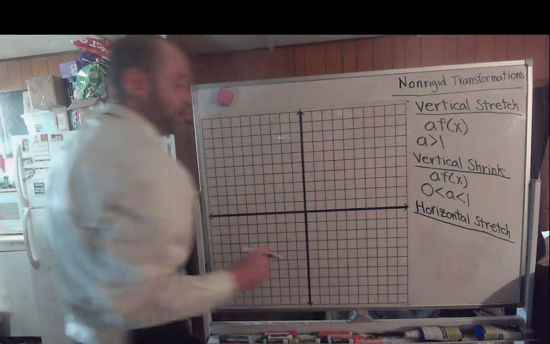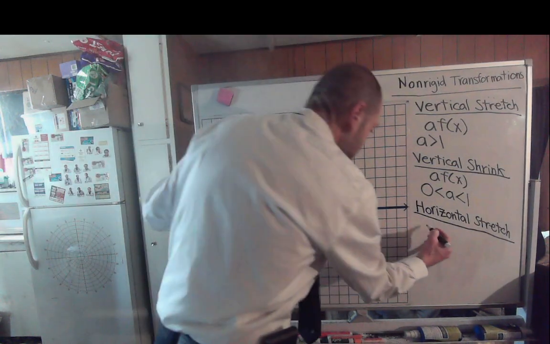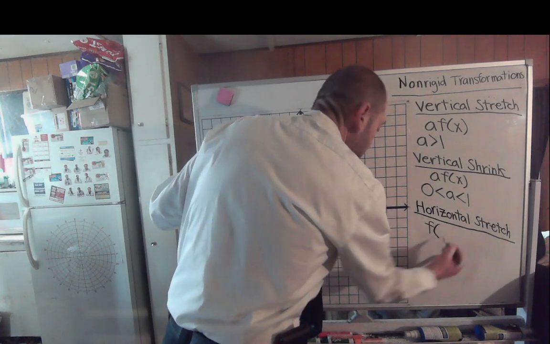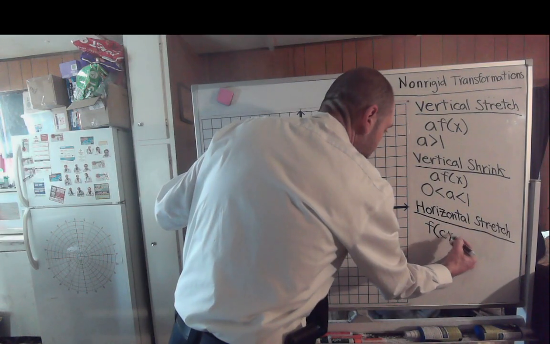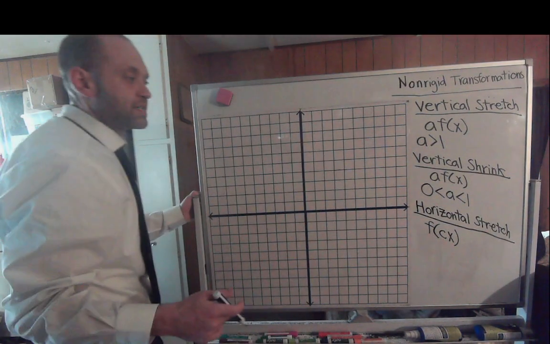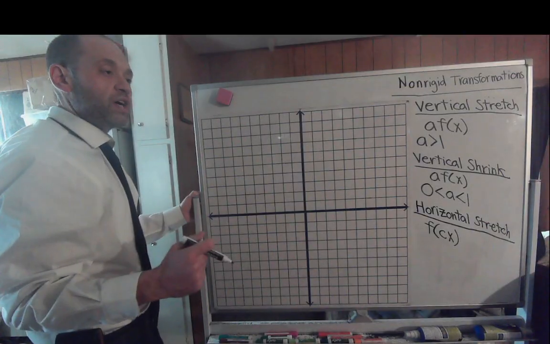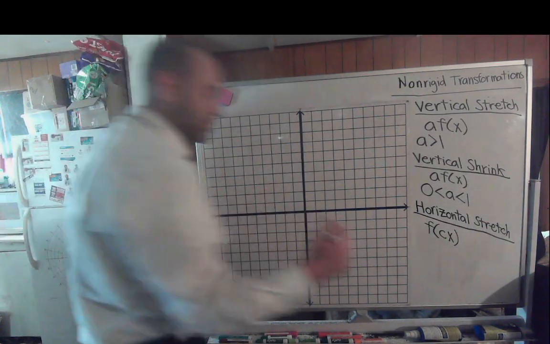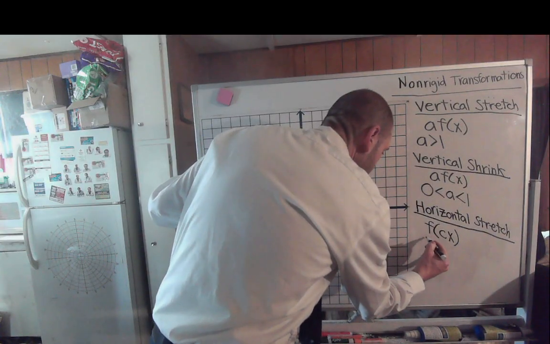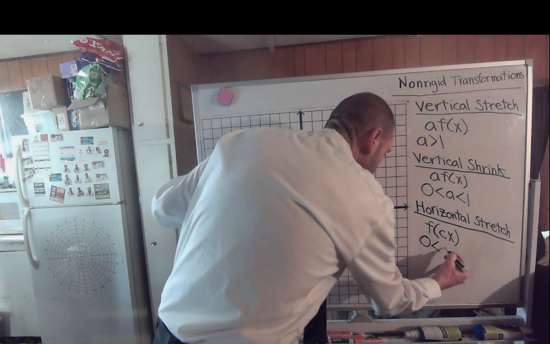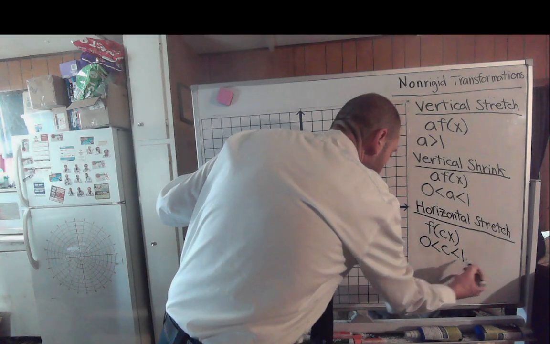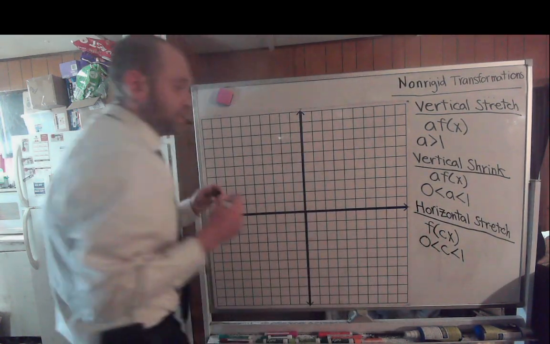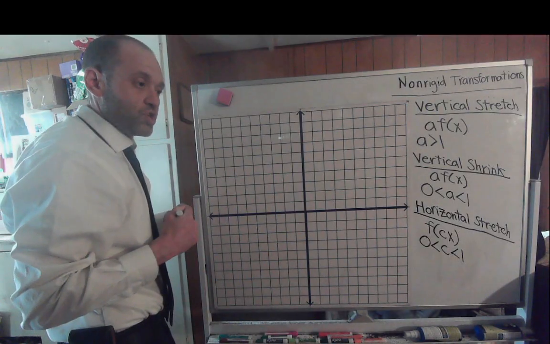So let's say we have, this time you have f of some constant times x, f of c of x. A horizontal stretch works the opposite of a vertical stretch. If 0 is less than c, which is less than 1, that is a horizontal stretch.